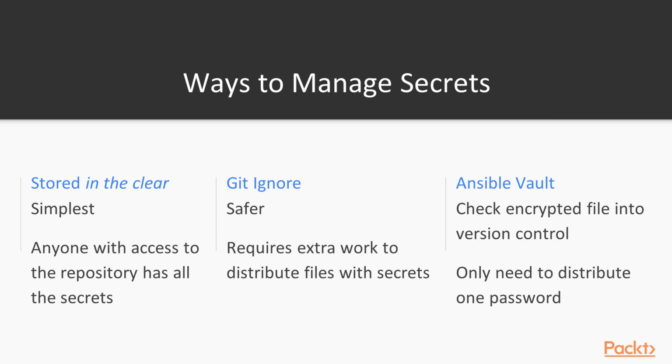And that's exactly what Ansible Vault does. Ansible Vault allows me to take a file, usually a variable file that has a bunch of passwords in it, and then I encrypt it using some password. Once that file is encrypted, it's perfectly safe to check it into version control. And then at this point, the only thing I need to distribute is just one password. And anybody that has that password can use Ansible Vault to decrypt the file.